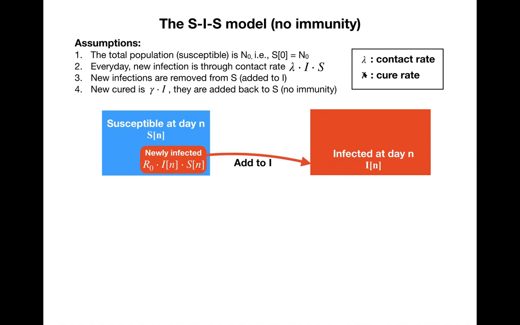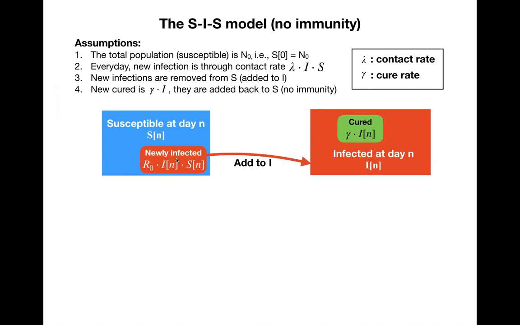Now we have introduced another parameter called gamma. Gamma is called the cure rate. So every day, gamma times I is the number of people who get cured, right? So this is the new infection, and this is the cured, so they should be removed from I, or added back to S.